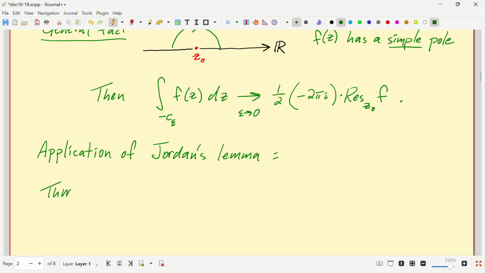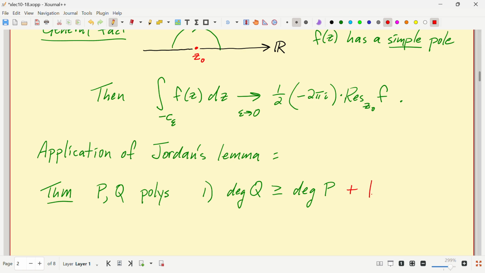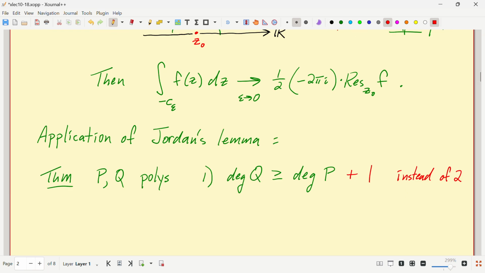For computing Fourier transforms, let's say P, I'll just do as an example here. P and Q are going to be polynomials, and we're going to have the degree. Usually we've been doing degree of Q is 2 or more than P, but now I'm just going to make it 1. So that's an improvement from previous things. That's instead of 2. And that's why Jordan is important here. If it were 2, this would be a snap. I've already done it, in fact. And 2, Q has no zeros on the real line.